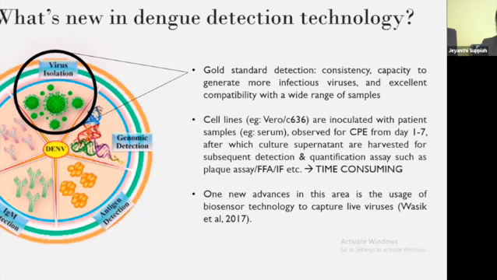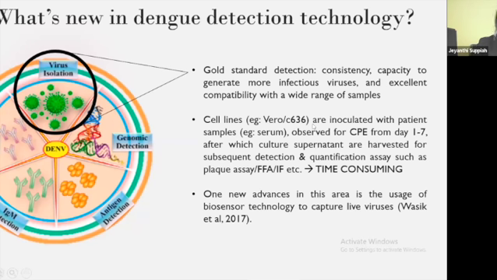You can isolate the virus using serum, blood samples, urine, and a lot of other samples, and for respiratory viruses, you can use nasal swabs. We also have a wide range of cell lines that can be utilized for dengue virus isolation, including Vero cells and C6/36 cells.